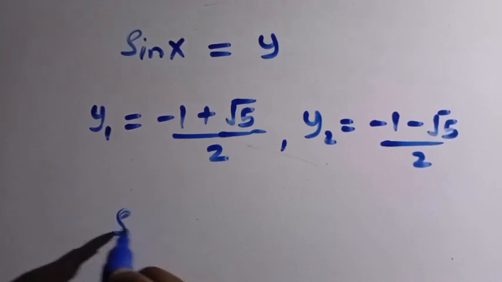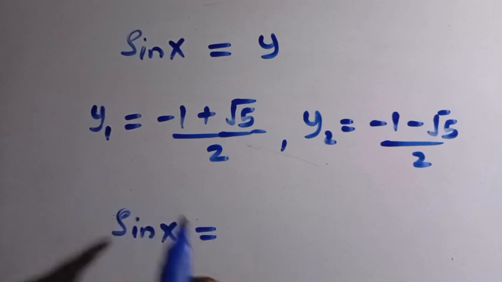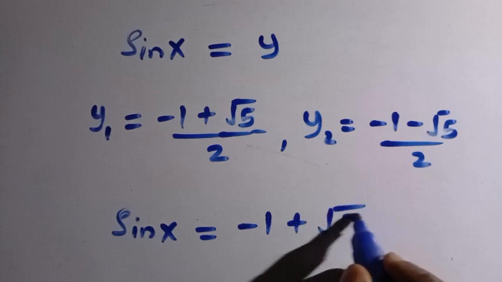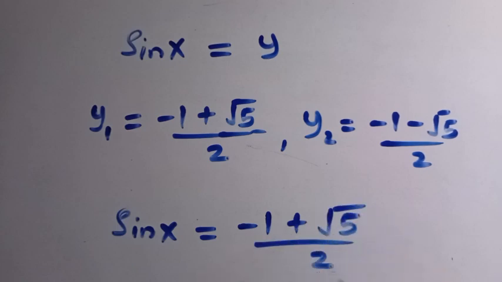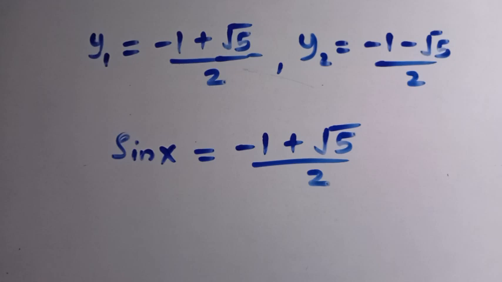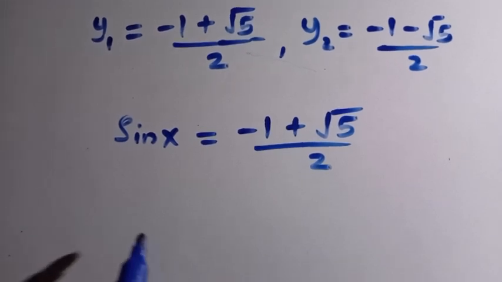We are going to have sine x equals, for y1, minus 1 plus square root of 5 divided by 2. Since this is what we get, we are going to take the inverse of both sides, I mean the sine inverse of both sides.